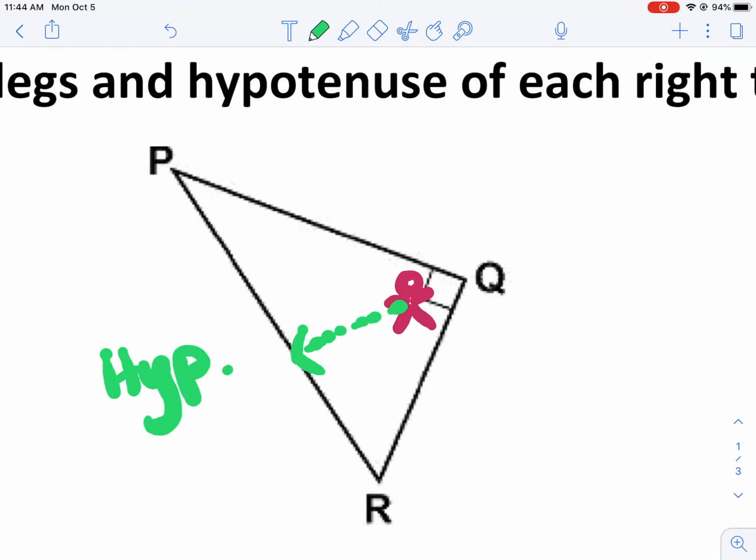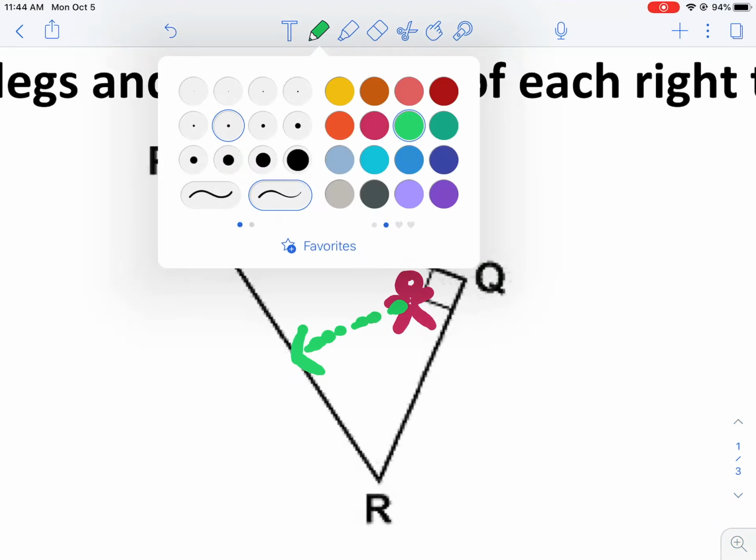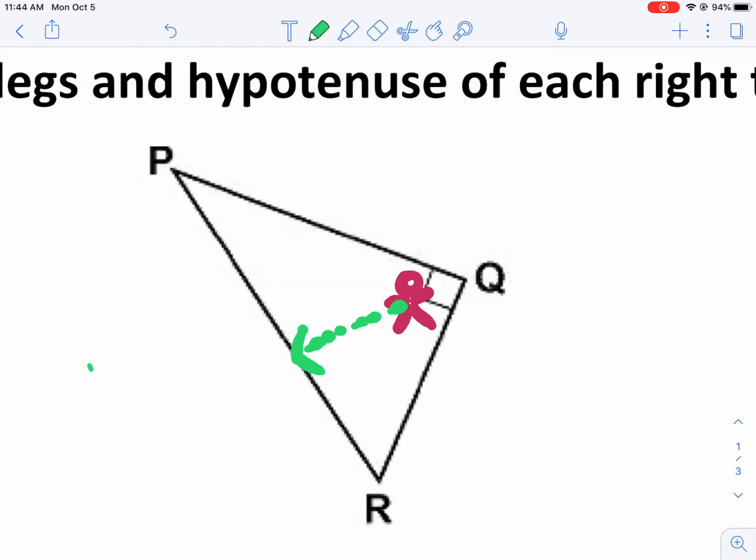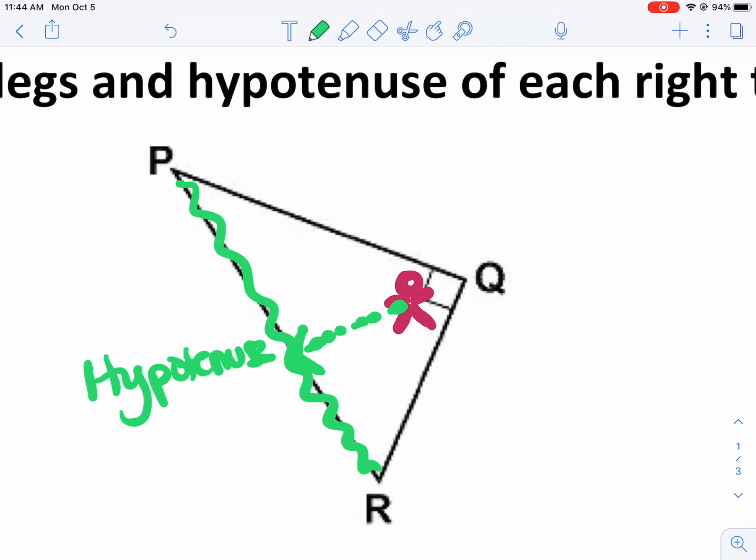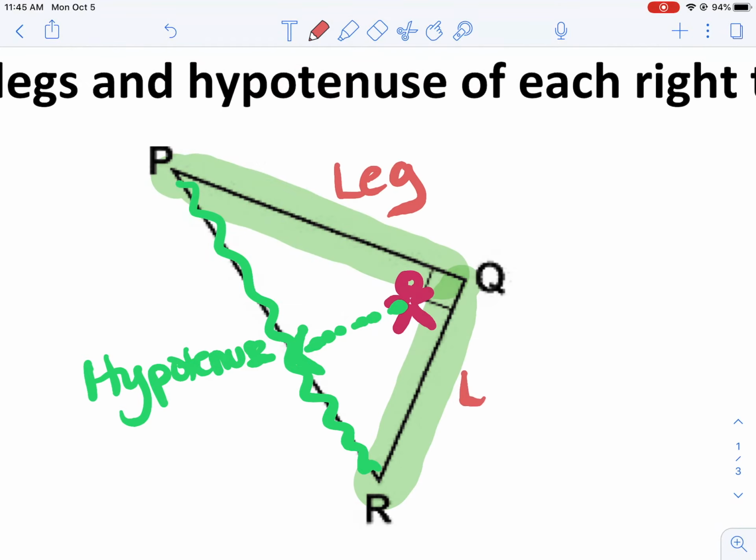Okay, so here's our hypotenuse. And then once you have the hypotenuse, the other 2 sides that are touching the right angle, so again, if Mr. Fields is still in that corner, that's going to be one of our legs and the other leg.